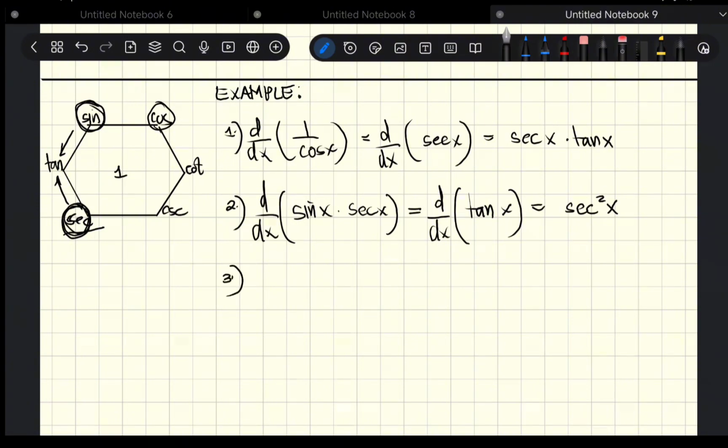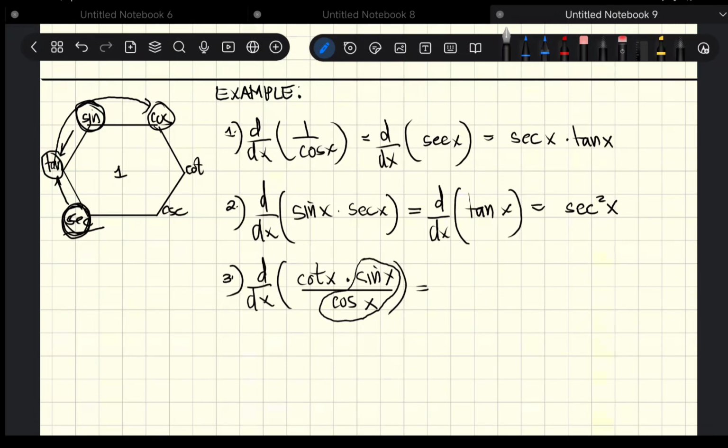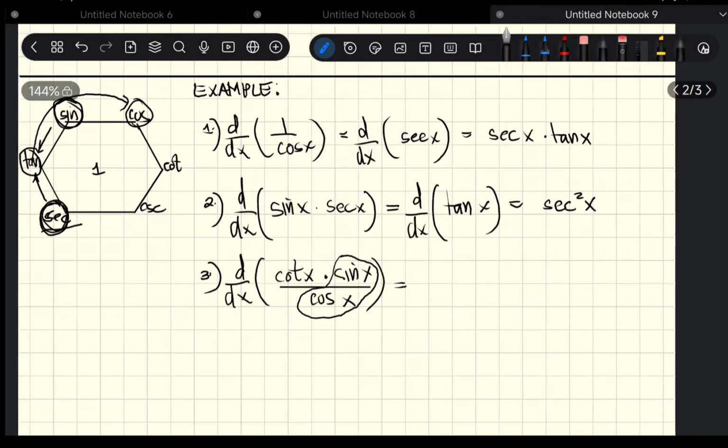Example number 3. The derivative of cotangent x sine x all over cosine x. Let's circle this. Since that is tan, since we have here tan, if we move counterclockwise, that is sine and cos. Remember? So d over dx is equal to cotangent x multiplied by tan x.